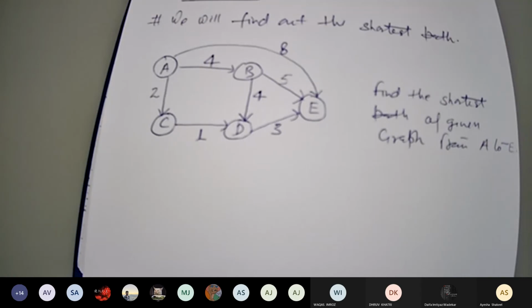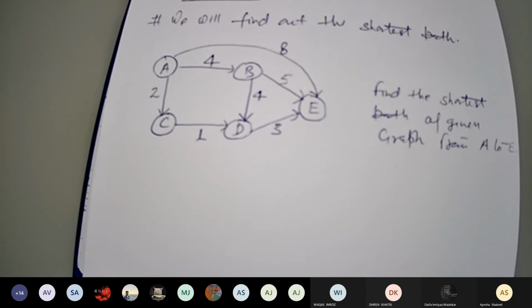Can you apply Prim's or Kruskal algorithm? You cannot, because Prim's and Kruskal will only give you the minimum spanning tree. But if you apply Dijkstra algorithm, you can easily find the shortest path.